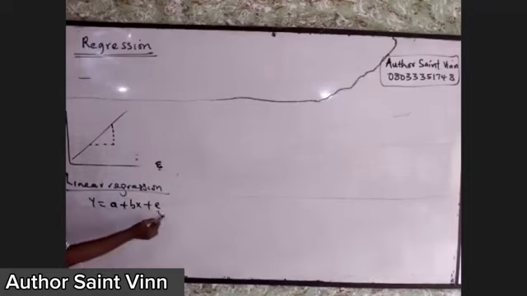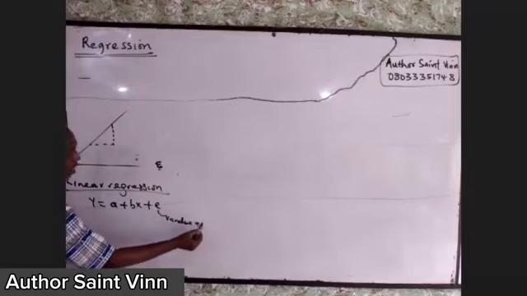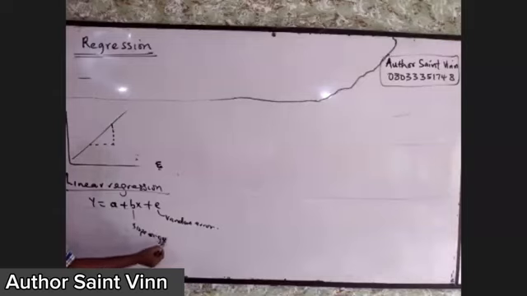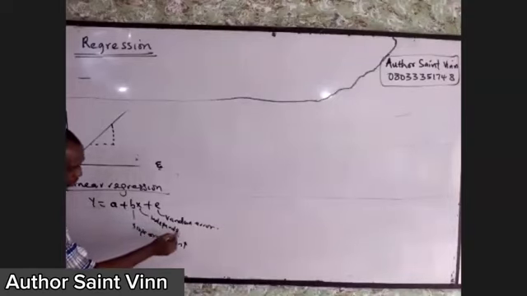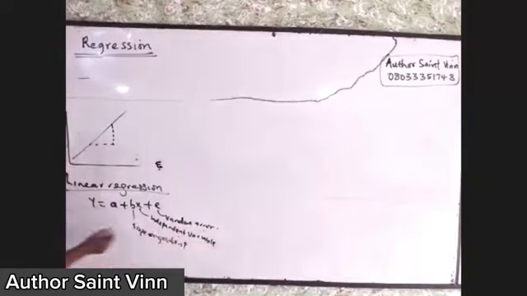This is called the random variable, or random error. Here b is the slope or the gradient. And x is the independent variable.